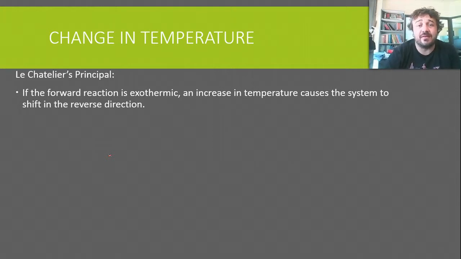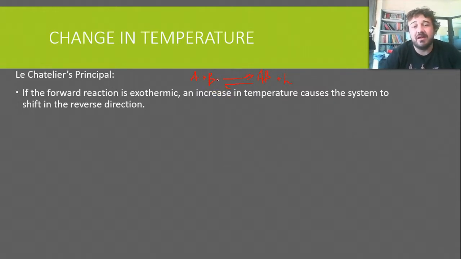Okay, so if it's exothermic, A plus B gives you AB plus heat. Then if we increase the temperature, we're essentially adding more of this, not really a reactant, but it's part of the equation. We add more to that, which will cause the reaction to shift in that direction.